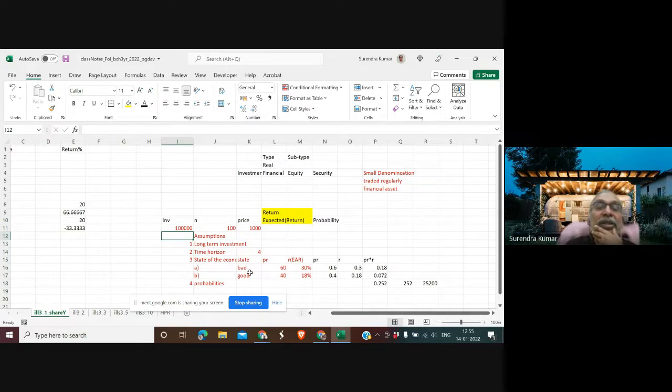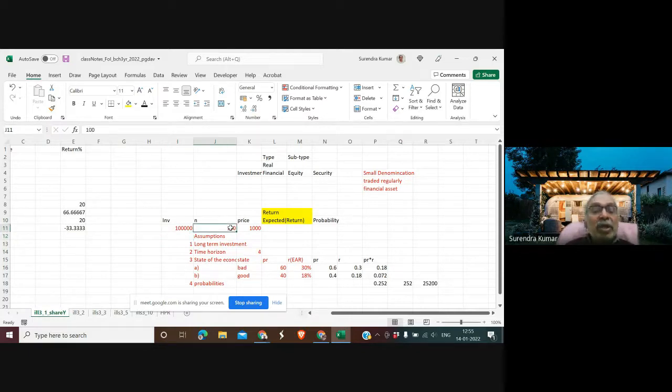These are my calculations of probabilities of state of the economies, and in fact, it's not a probability of returns. These are returns given the state of the economy. But since it is in future, we are saying it as expected return. And so we are able to get 25,200 rupees effective annual return from this 1 lakh rupees of investment.